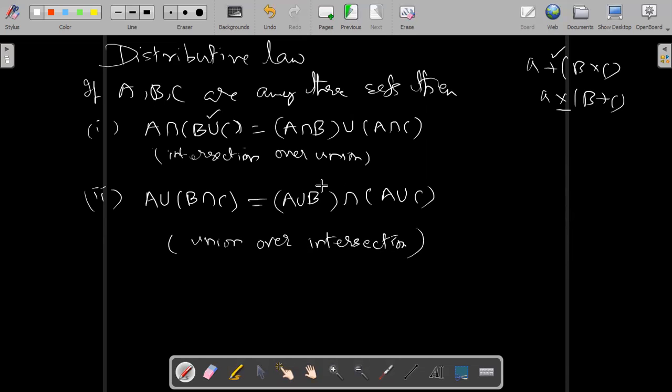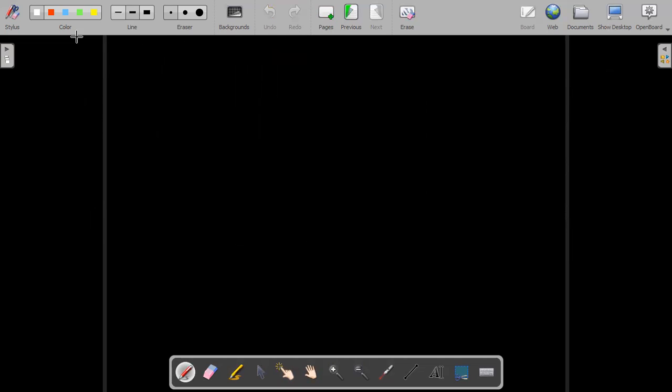So we can have some type of questions where we have to find or verify these laws. For example, we take a question for this one.